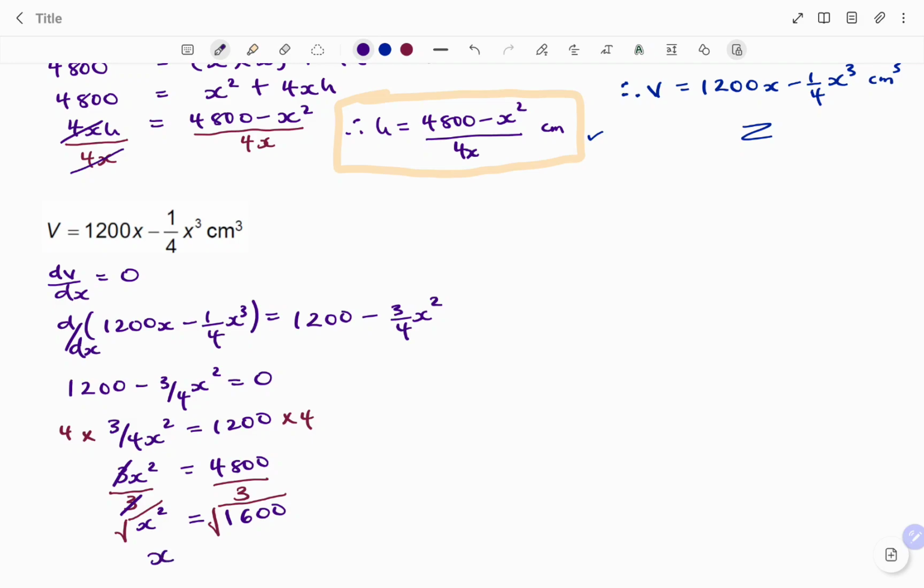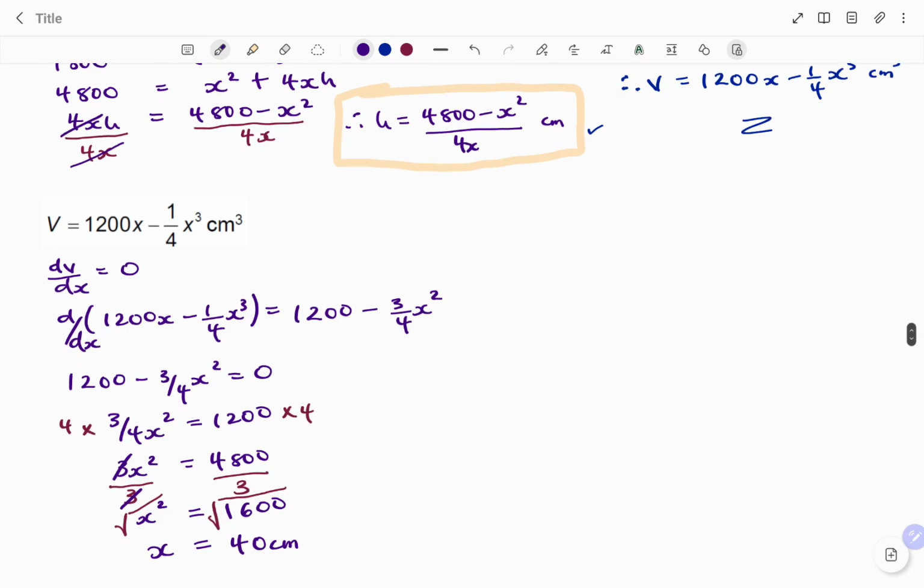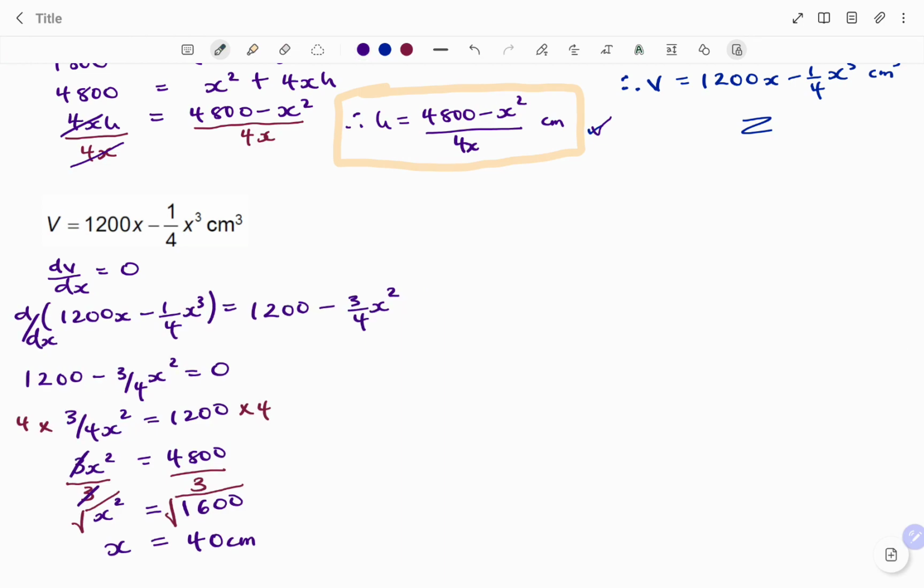Therefore, the value of x equals 40 centimeters. Note that we've been able to calculate the value of h to be (4,800 minus x squared) divided by 4x.